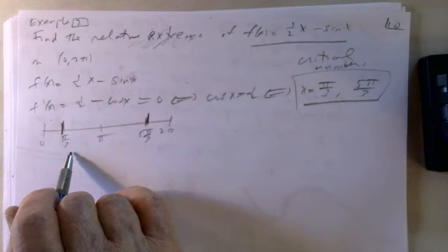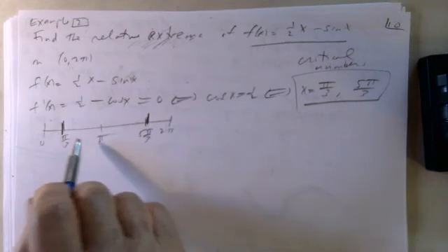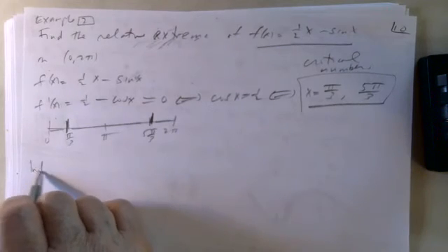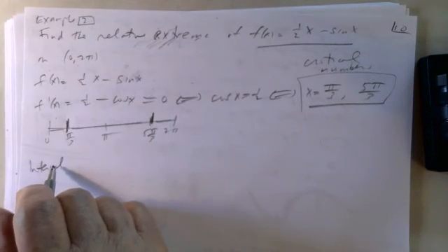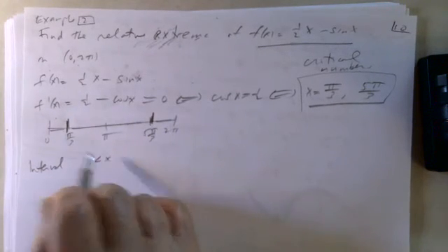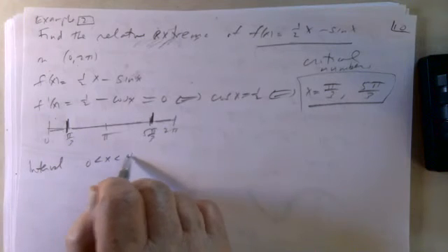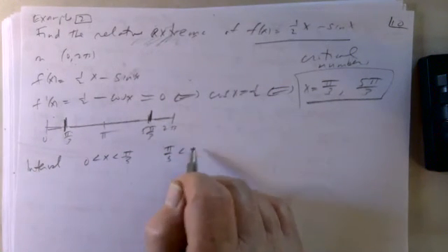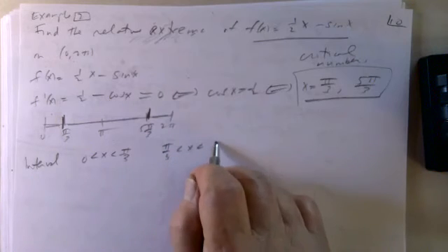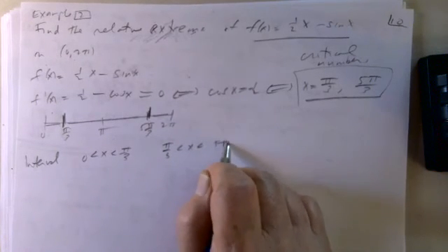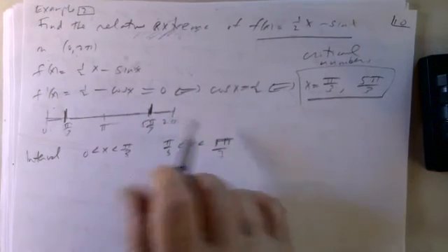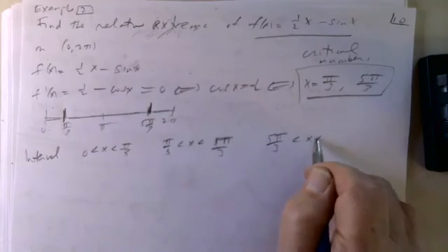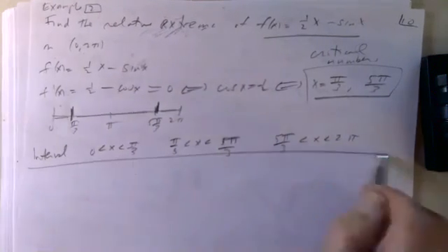So I want to look at these three intervals: 0 less than x less than pi over 3, pi over 3 less than x less than 5 pi over 3, and 5 pi over 3 less than x less than 2 pi.